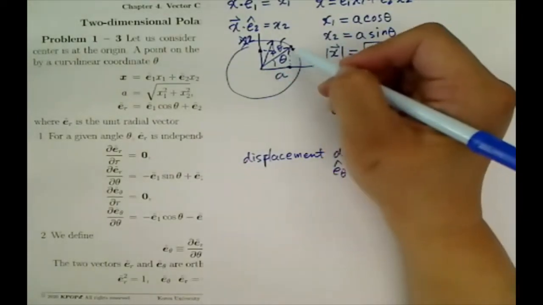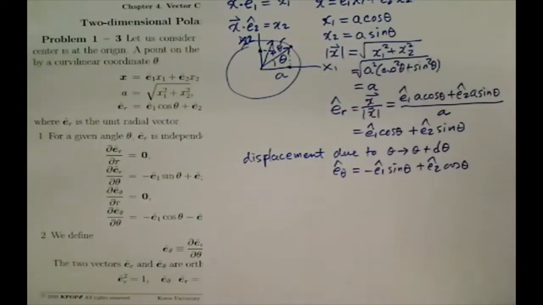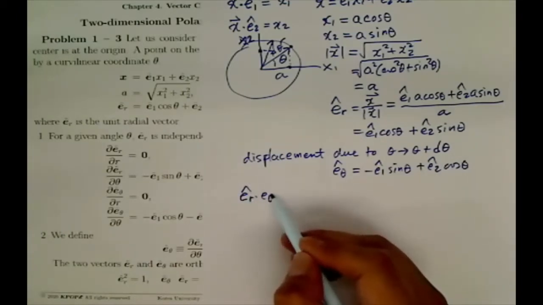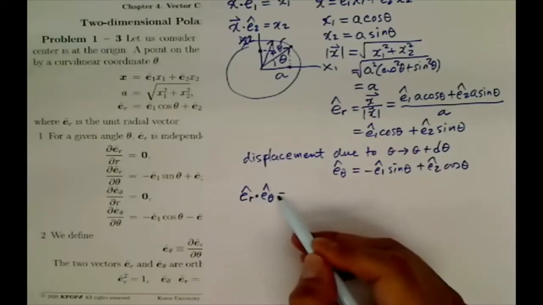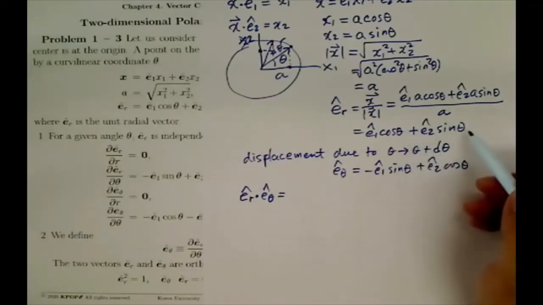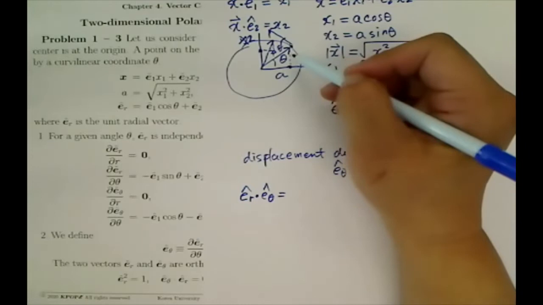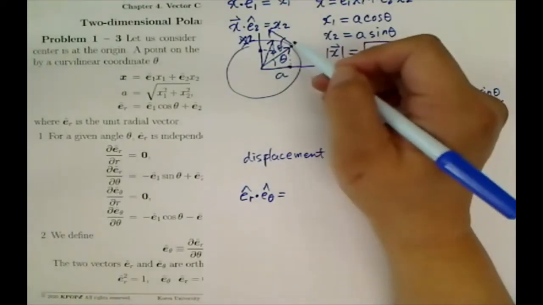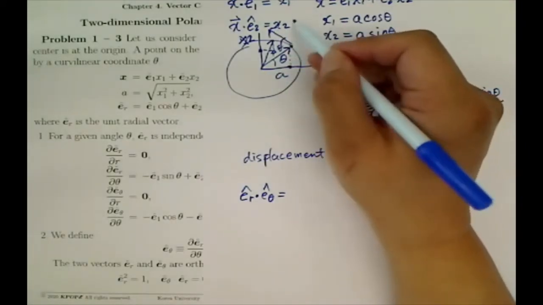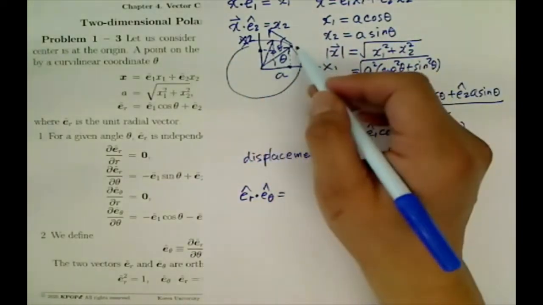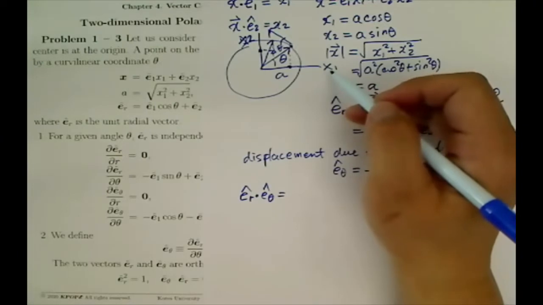Tangent means that the radius and the tangent always make a right angle. So e_r dot e theta should be 0. Because it is cosine and sine, exchange the sine and cosine, and in this case the tangent has a positive component for the x2 axis and a negative component for the x1 axis.